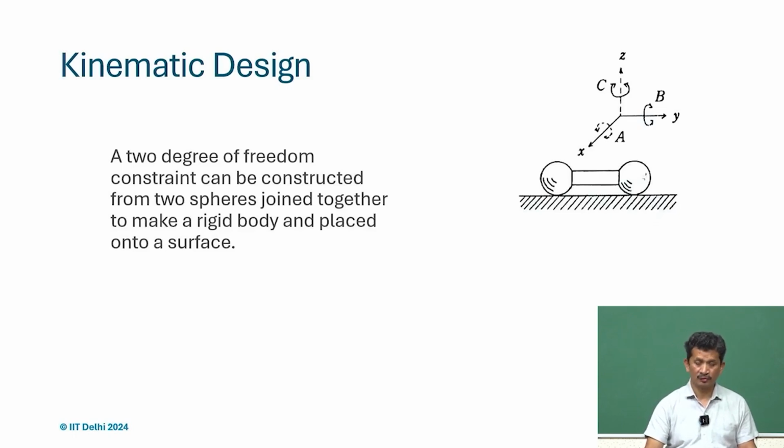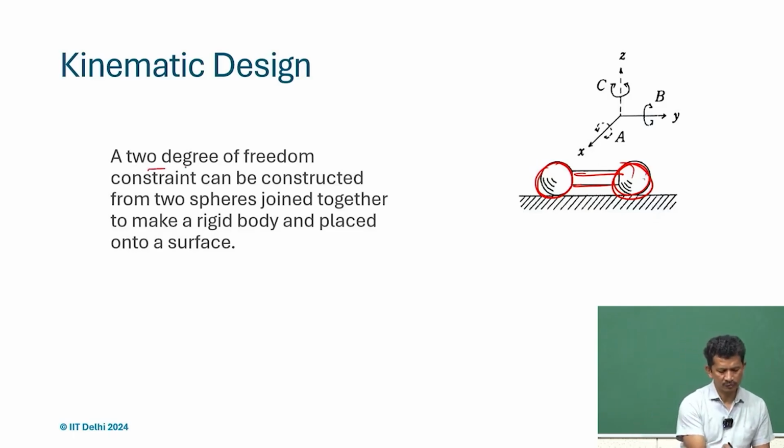So, 2 contacts. So, for instance, if we simply take a link, any object, and then rest it on the surface. So, here is a dumbbell shape, or what we can say 2 spherical balls connected rigidly. So, 2 degree of freedom constraint.